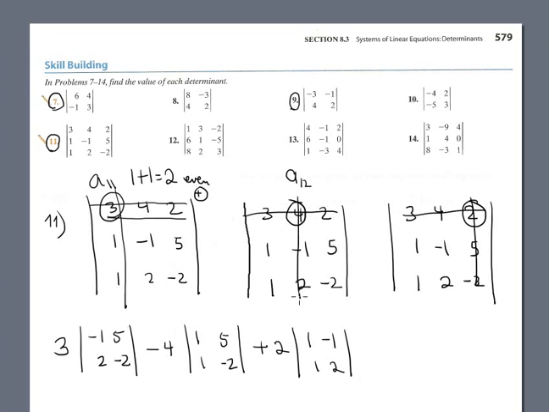Row 1, column 2. When you add, 1 plus 2 is 3, and 3 is an odd number. And when it's odd, it's negative. This is the reason it's negative here. The last one is the element 1, 3, and 1 plus 3 is 4, and even is positive. Okay, clear?